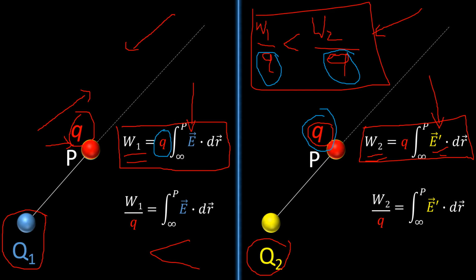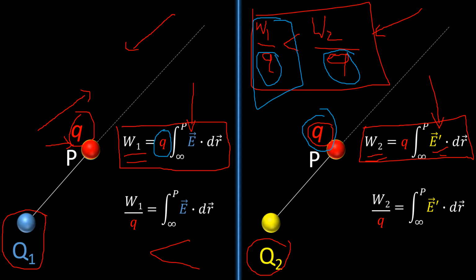Hence this quantity W by Q gives the influence of a charge at a given point in its surrounding. It is a scalar quantity unlike electric field, but similar in some manners. This quantity is called electrostatic potential.